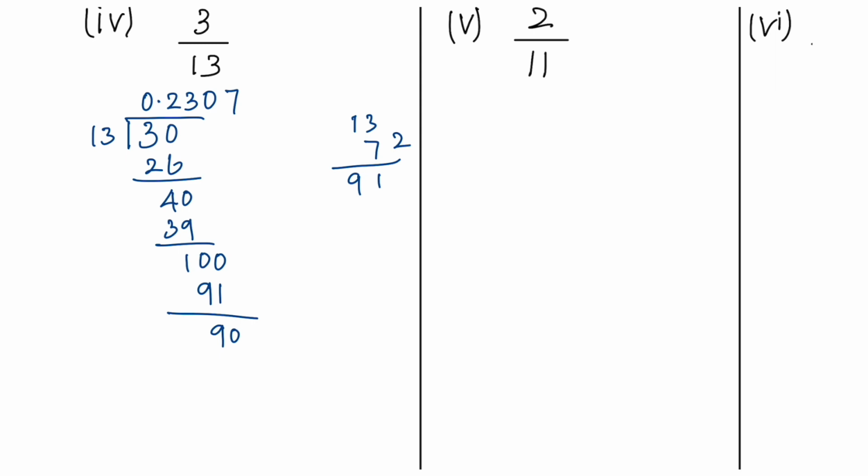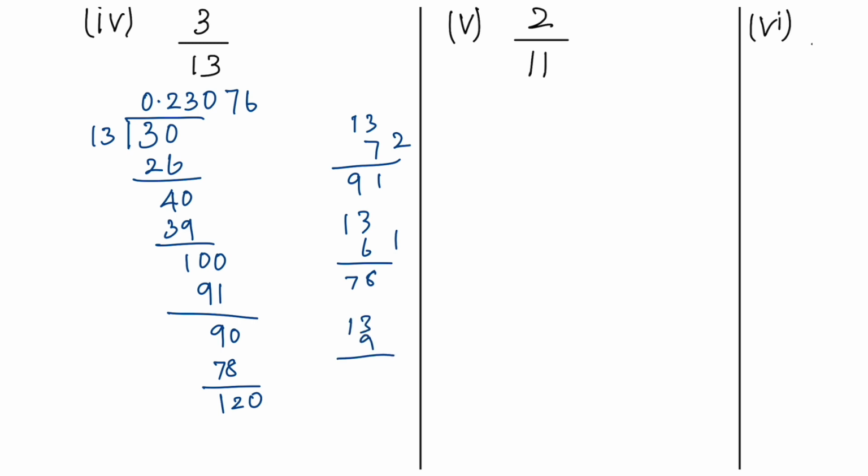You get a 0. 91 wouldn't work, so 13 times 6, which is 78, right? 13 times 6 is 78, and that gives you a remainder of 12. Okay, so you get a 0 again, and 13 times 9, I think it would work because 13 times 10 is 130, right?